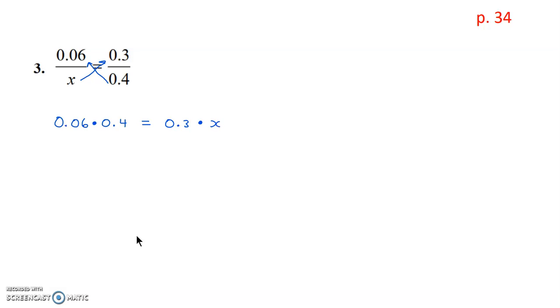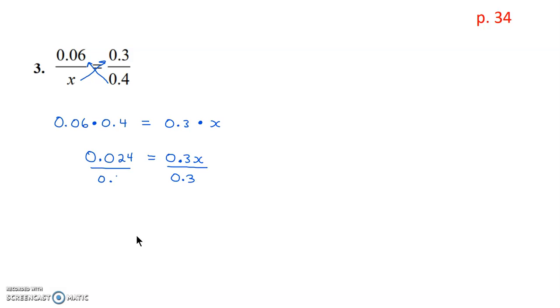So with our calculator, we're going to multiply 0.06 times 0.4, and that's going to give us 0.024. And on the right-hand side of my screen, it's 0.3x. Because we're multiplying to x, we're going to divide that out. 0.3 gets divided on both sides of the equal sign.